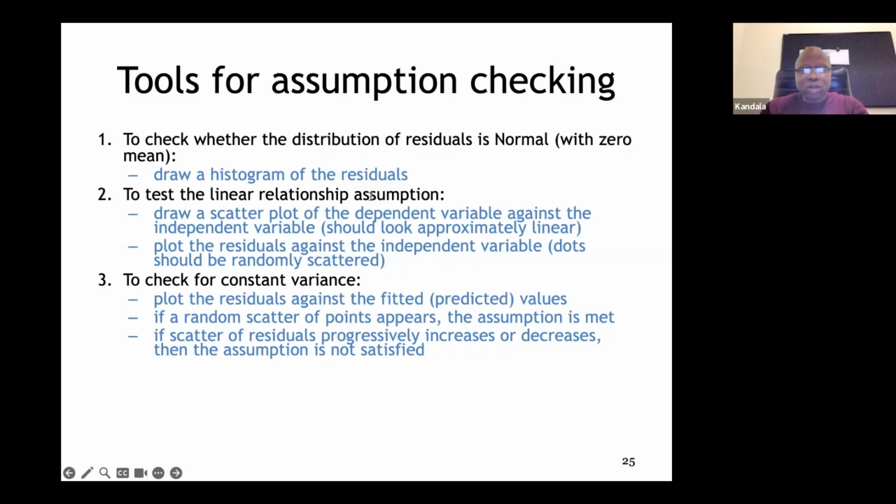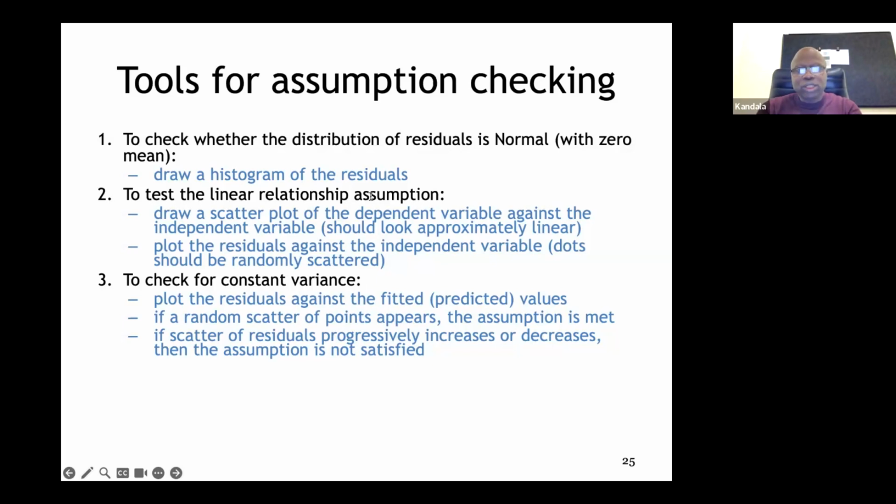I hope that is clear. And the linearity has to do with the relationship between the two. The line can be put in a straight way, and this can be negative or positive. So that is the response to the first question.